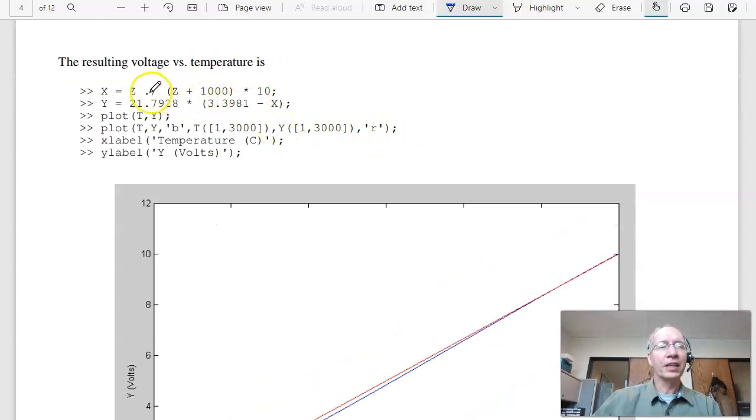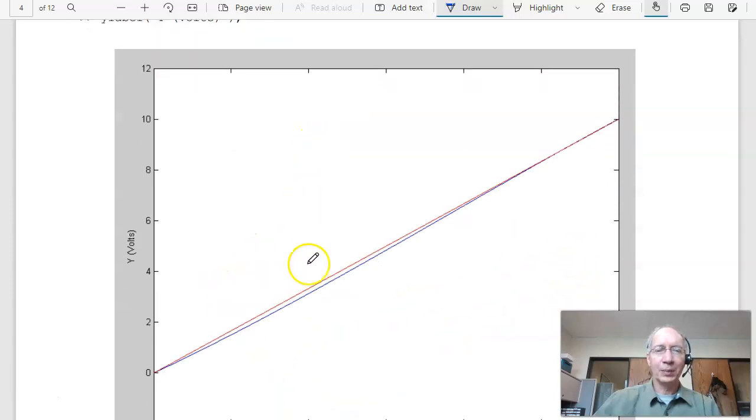To calculate it, again, take 3,000 points between 0 and 30 degrees Celsius. Here's the voltage by voltage division. Here's the output. It's a gain times A minus B. And then plot it. The data in blue, the endpoints in red. The endpoint, the red line, should be a straight line. That's what I want. It's not quite a straight line because the voltage divider is nonlinear, so it's a little bit different.